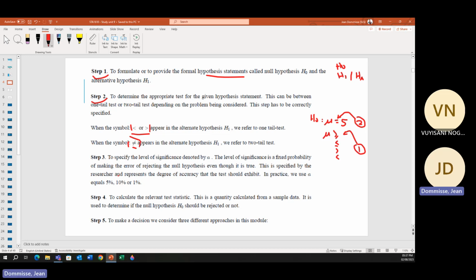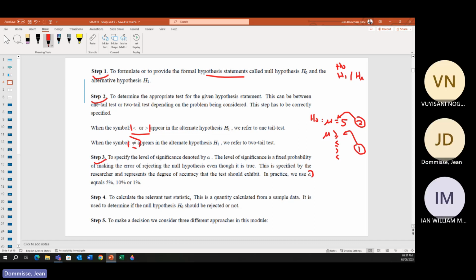Then the third step is that in the question, they will tell you what the level of significance is going to be. So they will say, oh, it's a 1% or 5% or 10% level of significance, or they can tell you what the confidence interval is.